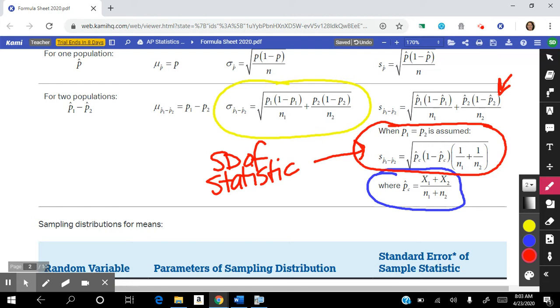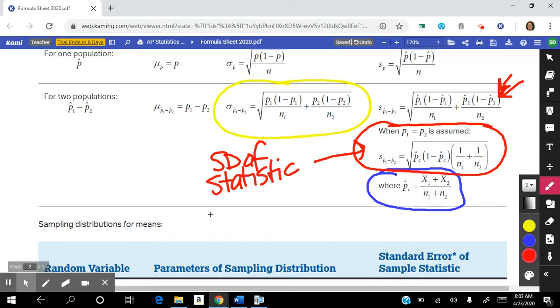And it is basically this top formula rewritten using the pooled sample size. So you can trust and use this formula, or you can take the formula that I have this arrow pointed to right here and just change all of those P hats to P sub C's.